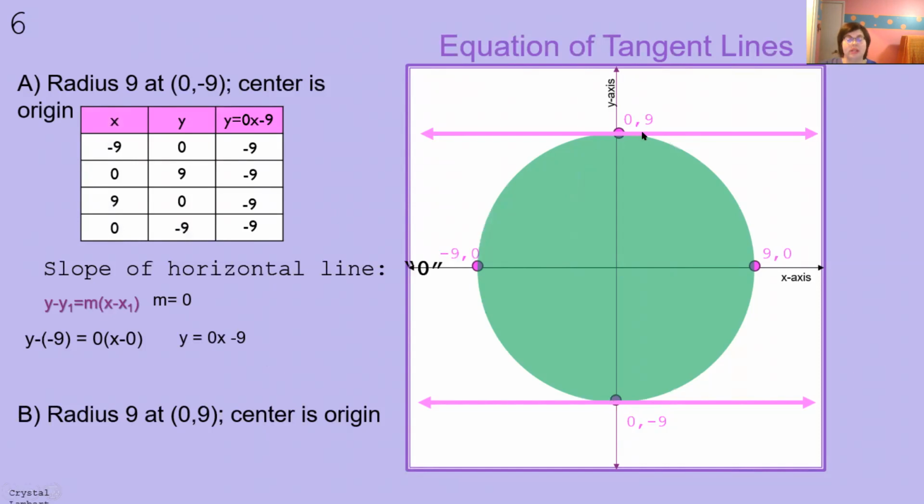If we would have worked this problem with trying to figure out the tangent line of 9, 0, and then the tangent line of -9, 0, those two lines would have been parallel.